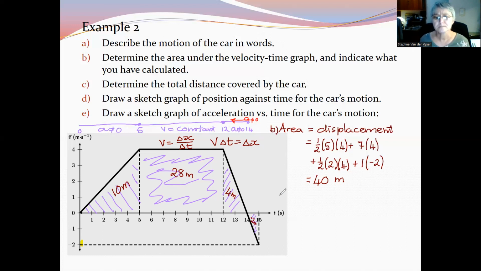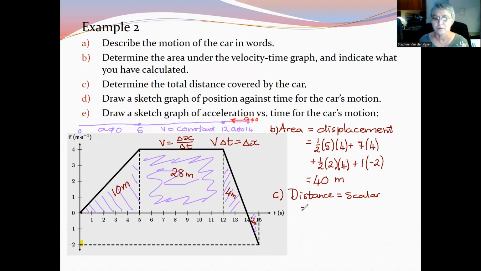Question C asks for the total distance. Now, distance is not a vector quantity, it's a scalar quantity. So a scalar quantity will not consider the backward motion as a negative direction.